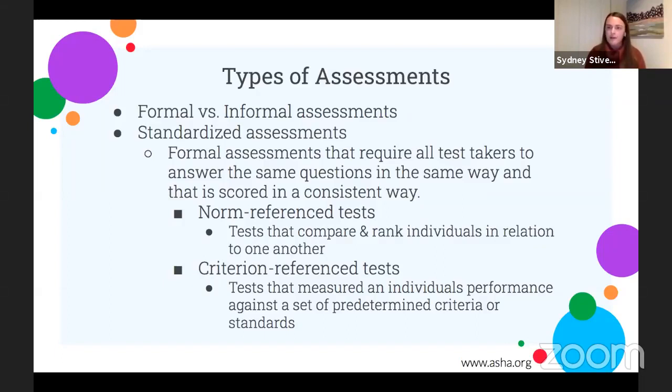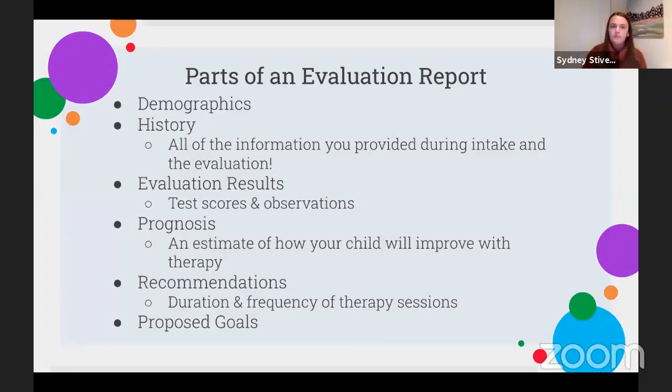In this section, we also might include different clinical strategies that we will use during therapy sessions to support your child. In our reports, we like to give examples of the strategies we're using, so when you're reading the report, you know these are the types of cues and supports my child will receive during therapy sessions. And then last is typically proposed goals.